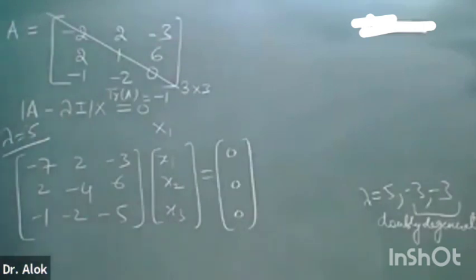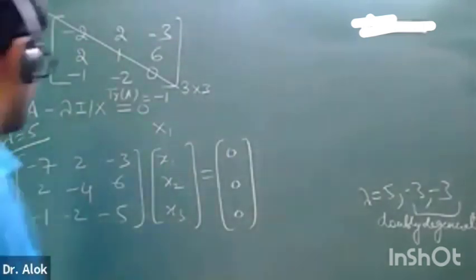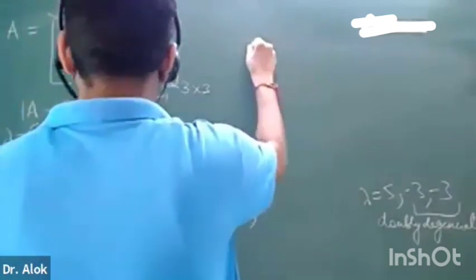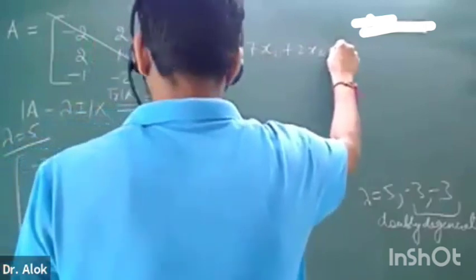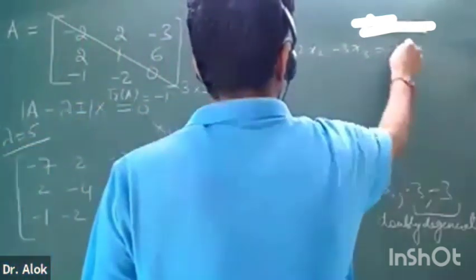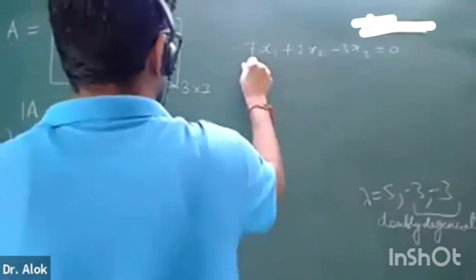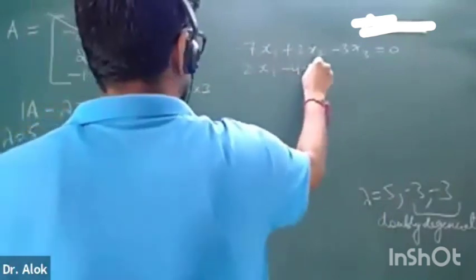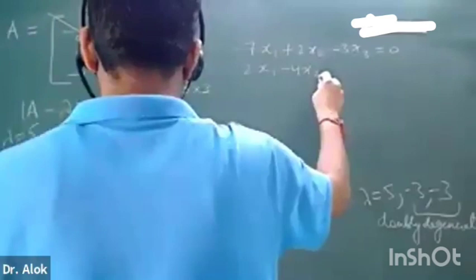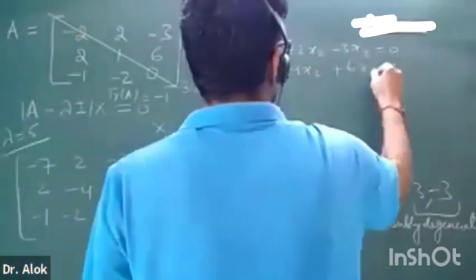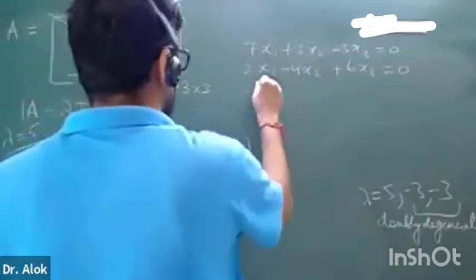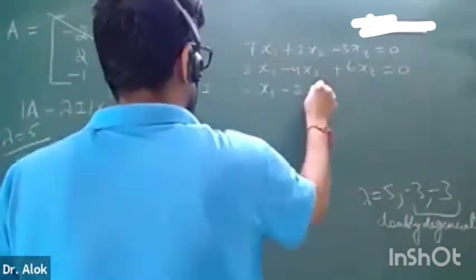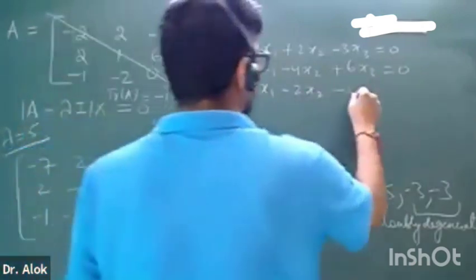Correct? So quickly write the equations. Minus 7x1 plus 2x2 minus 3x3 is equal to 0, and 2x1 minus 4x2 plus 6x3 is equal to 0, and minus x1 minus 2x2 minus 5x3 is equal to 0.